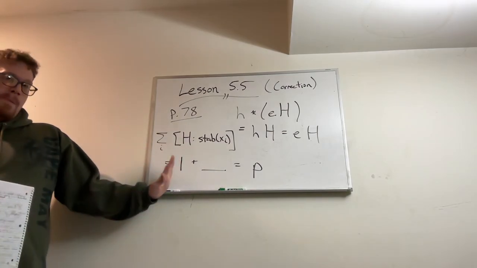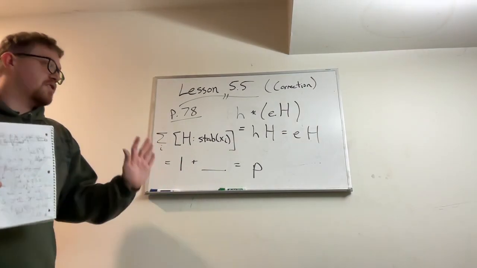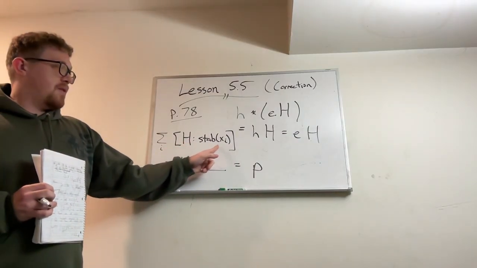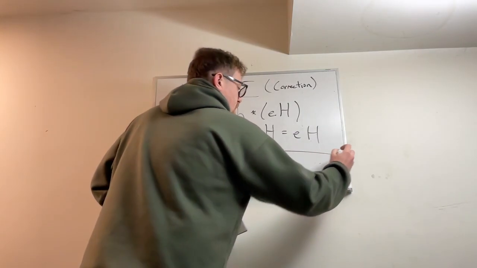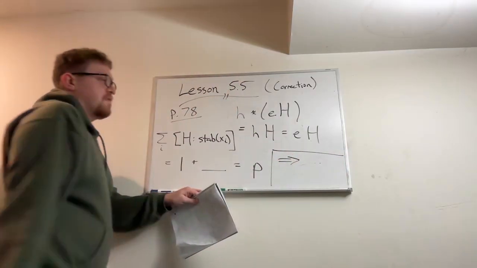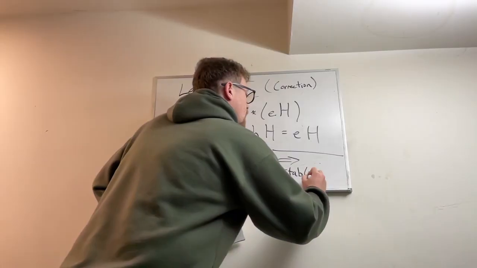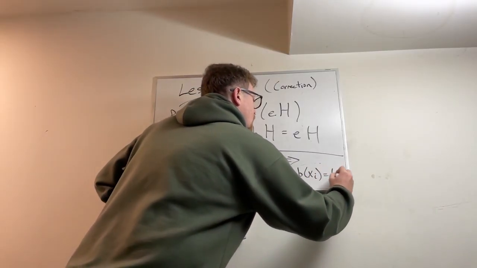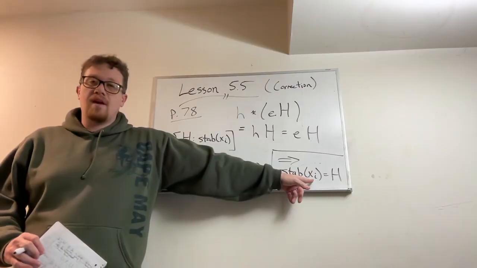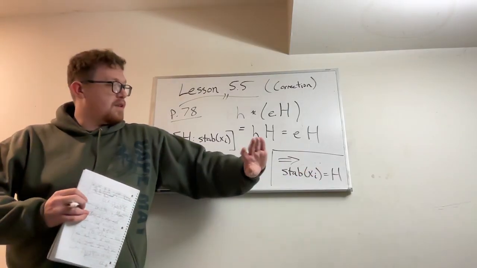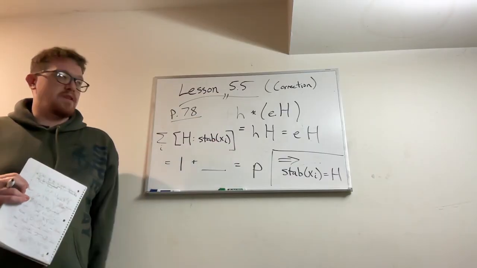So a little bit hand wavy, but hopefully that makes sense. Essentially, I'm just arguing that all of these stabilizers have to be equal to H. And so I'll write that here. So all of this implies that the stabilizer for each orbit is equal to H, no matter which representative we pick, no matter which orbit we pick, it's always H. Basically everything in H acts trivially.